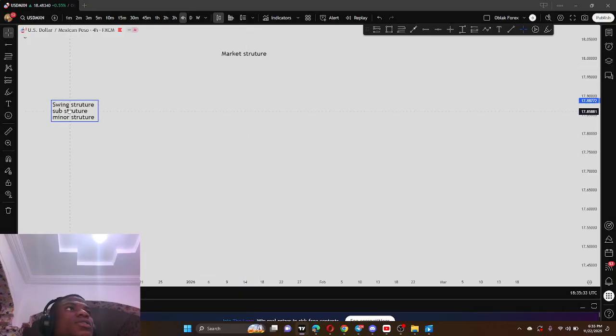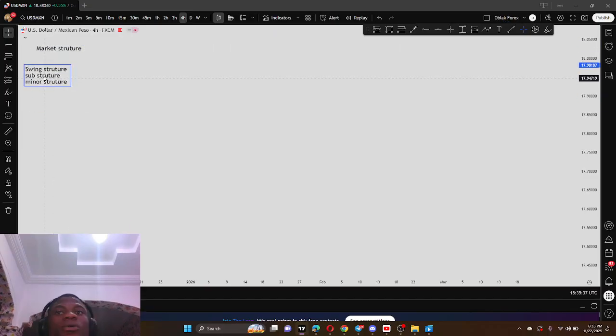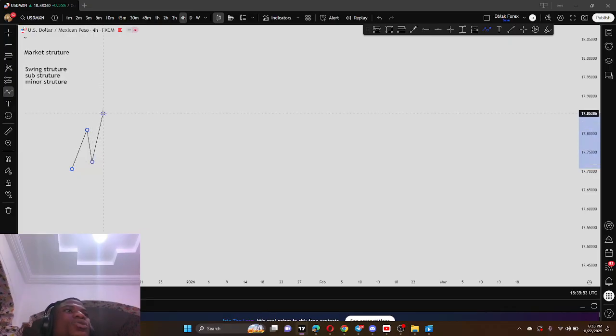I think I need to shift this to the side so I can get a good view of what I'm doing here. First thing first, I really want to identify structure. What is market structure? It doesn't really mean anything more than you looking at the market and seeing how the market is moving, which direction it's taking.